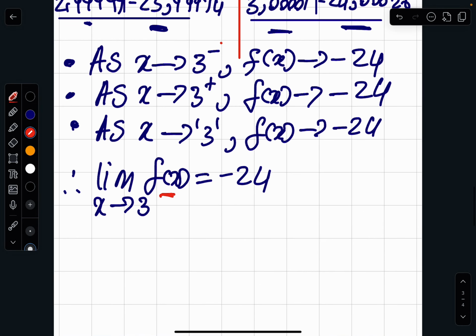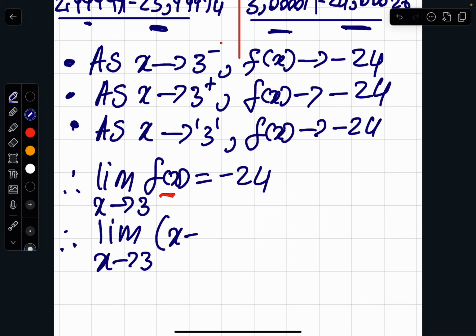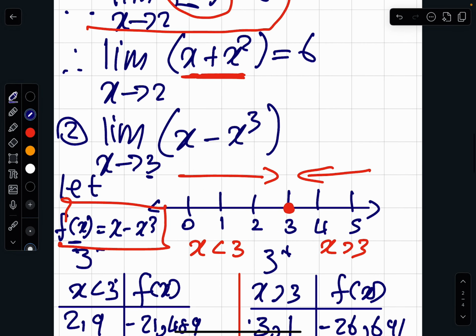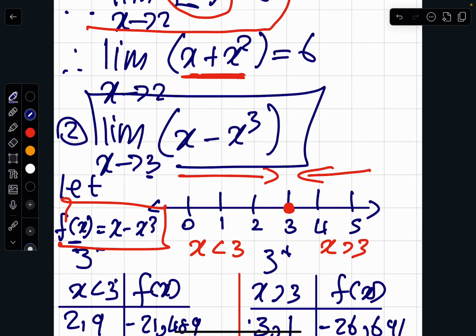Therefore, replace your f of x. Therefore, the limit as x approaches 3 of x minus x cubed equals negative 24. Therefore, you have used the numerical approach to evaluate this limit they wanted here.